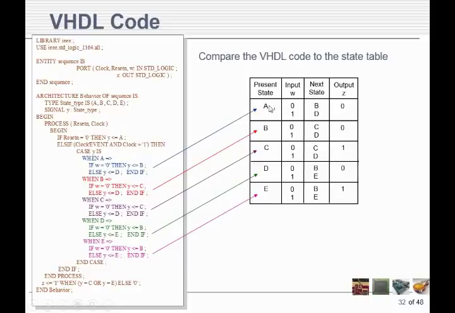If we're in state A and W is a 0, we're going to go to B. If we're in state A, the only other place it could go is D, and that would be if W was a 1. So we don't have to ask if W is a 1. All we have to do is say if it's not 0, we know it's a 1.